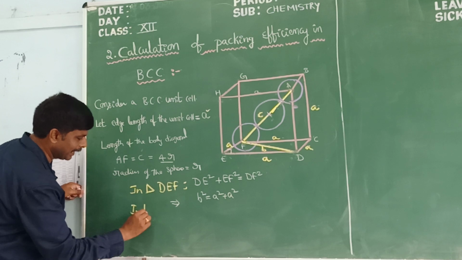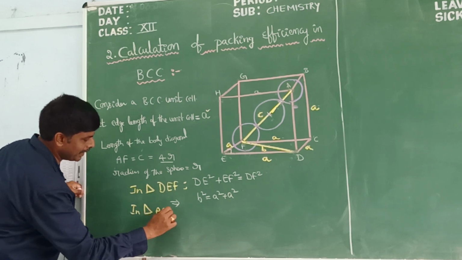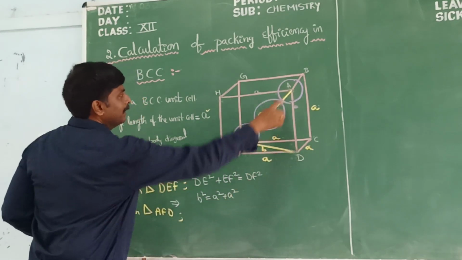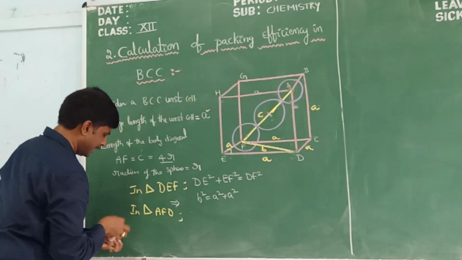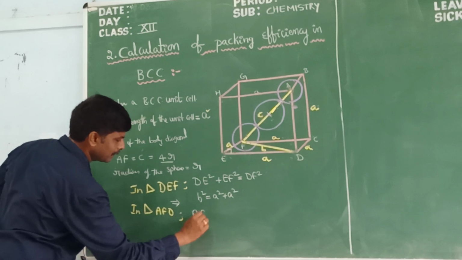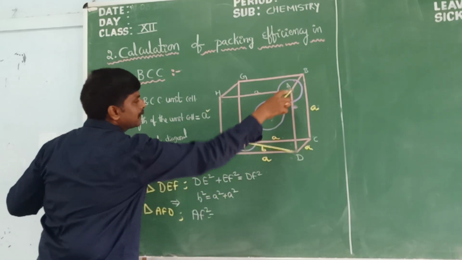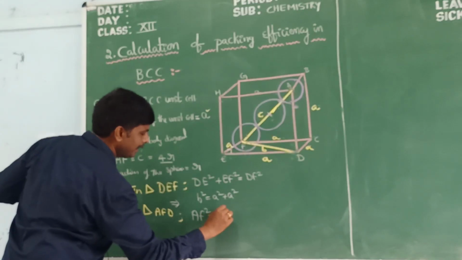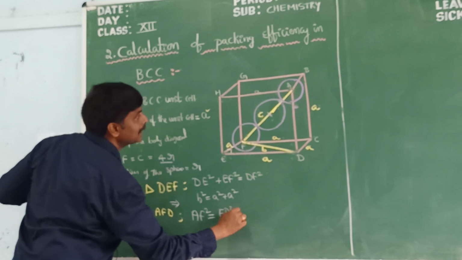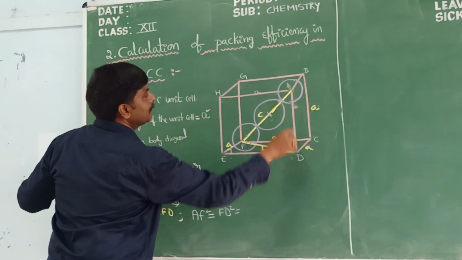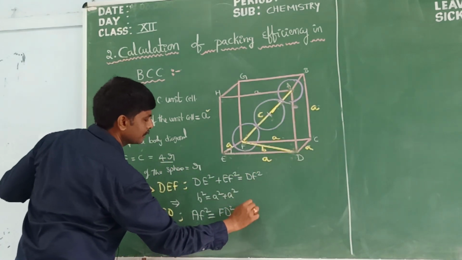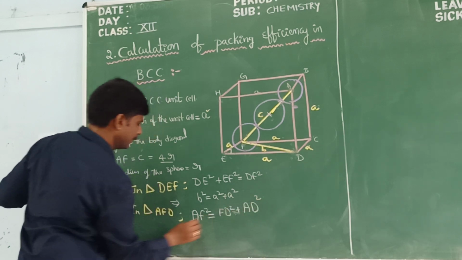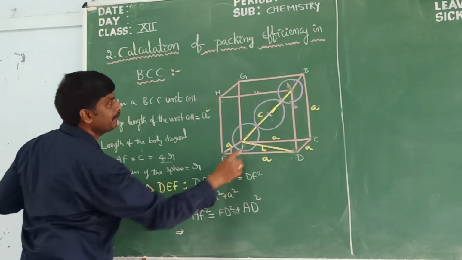In right angle triangle AFD, AF square is equal to FD square plus AD square.